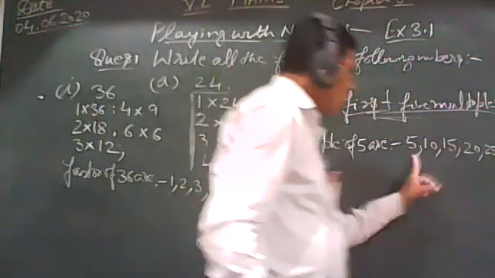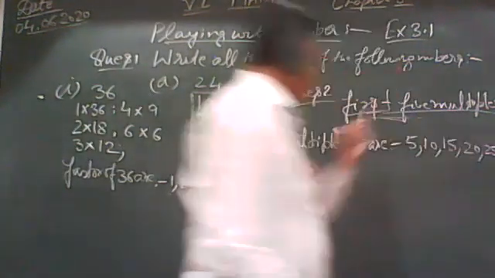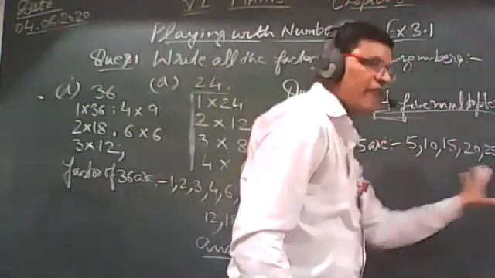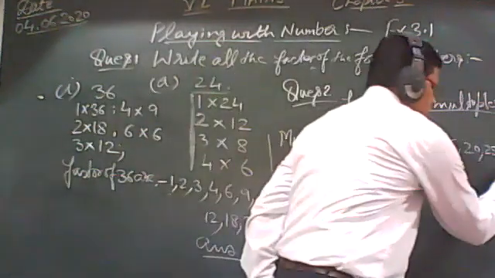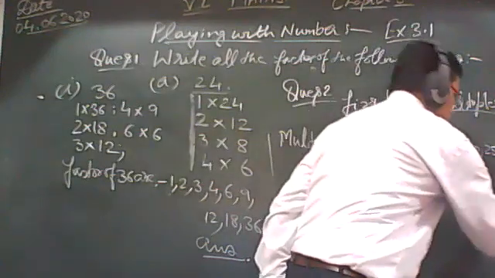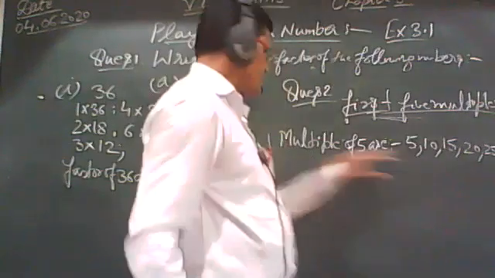Count it: 1 2 3 4 5. In the question the first 5 are given. You write here the first 5 and show dash dash dash, because the multiples are infinite, and that is our answer.